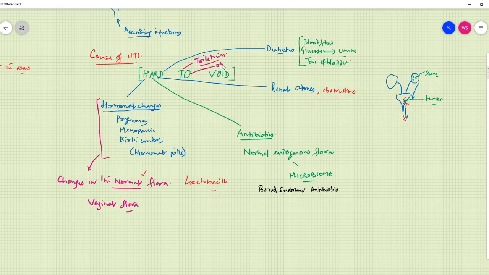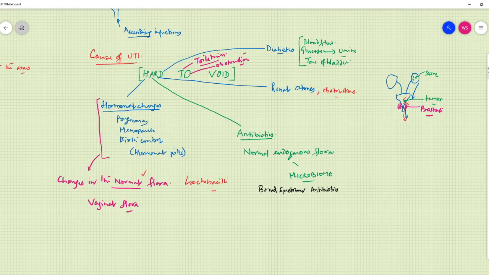Obstruction, O refers to obstruction. So we have already talked about obstruction due to the tumor. In the males especially, there is a gland which is found only in the males, that's the prostate. So if there is an enlargement of the prostate, if we look anatomically, if the prostate grows, there is not much space near the prostate to expand into.